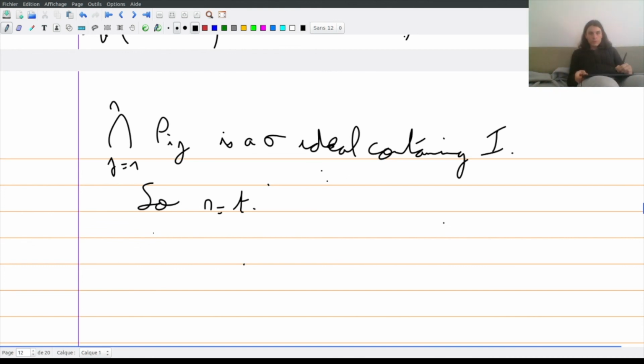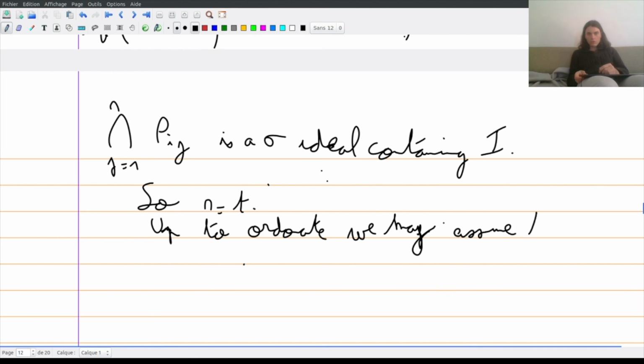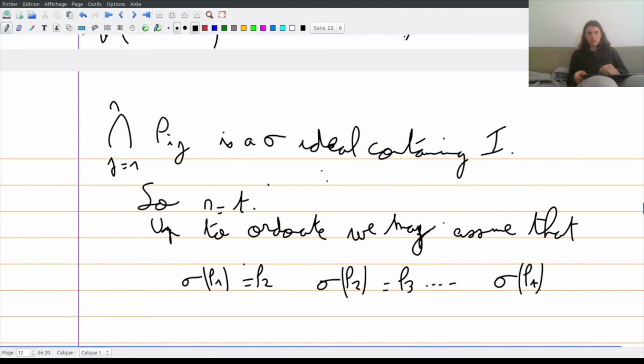So up to reordering, we may assume that sigma of P1 equals P2, sigma of P2 equals P3, and sigma of Pt equals P1. So remind that you want to prove that R is a direct sum of integral domains that are cyclically permuted by sigma.